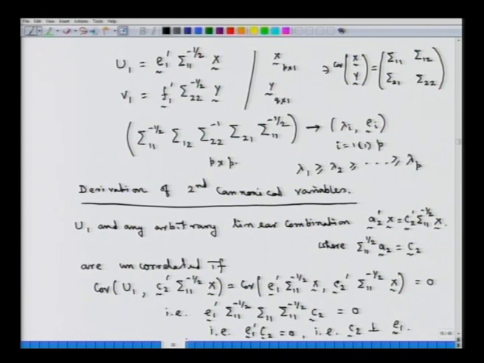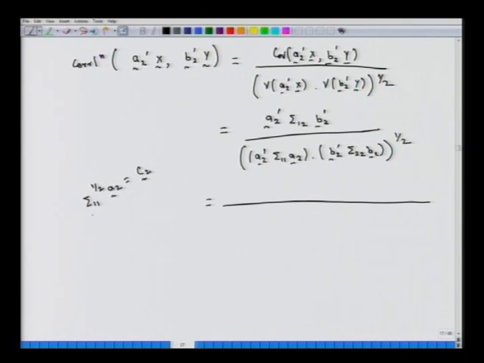This is the transformation. So, under this transformation, and also with sigma 2 2 to the power half times B2 equal to say a D2 vector, what we will have in the denominator is that A2 prime sigma 1 1 A2 is just equal to C2 prime C2, multiplied by D2 prime D2, whole raised to the power half.